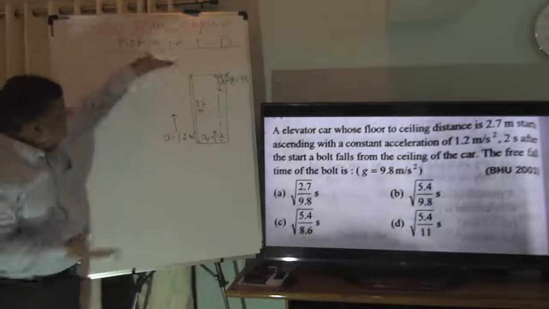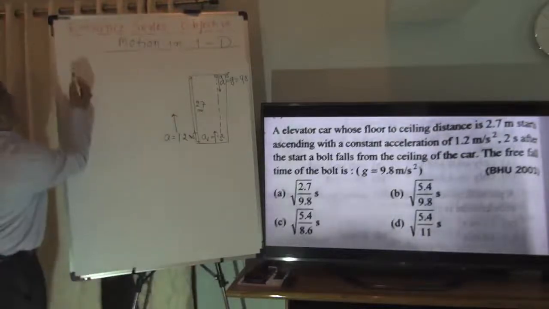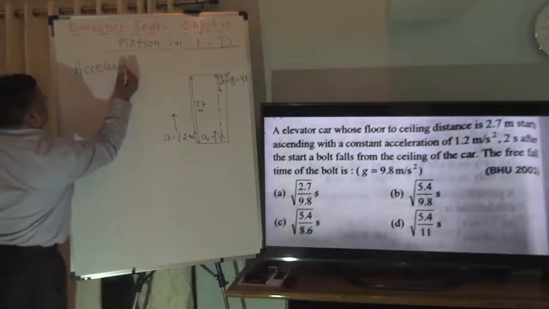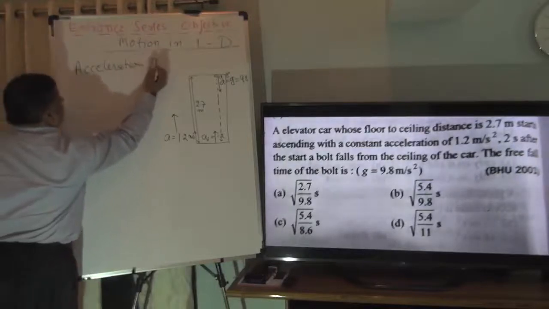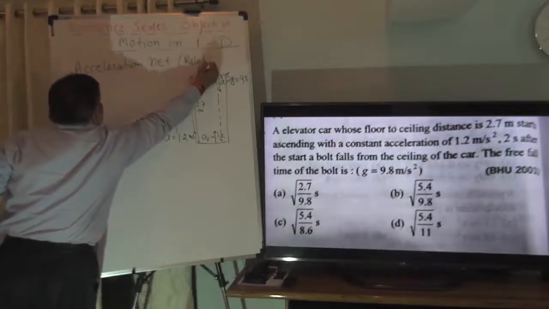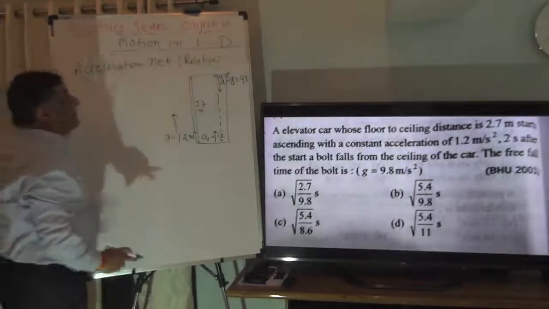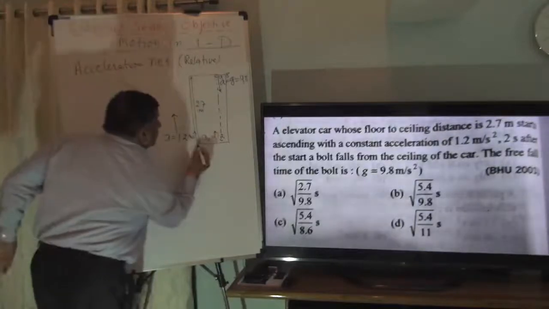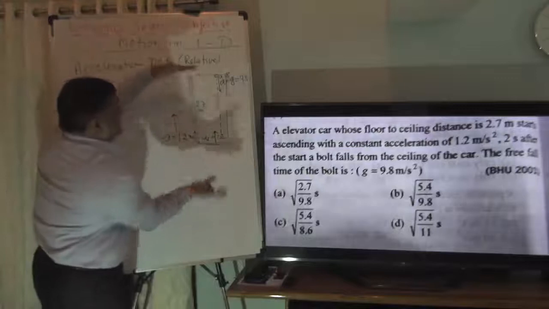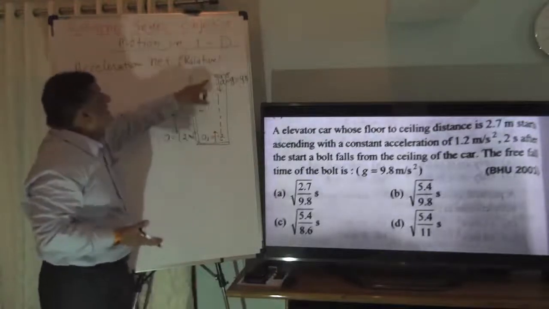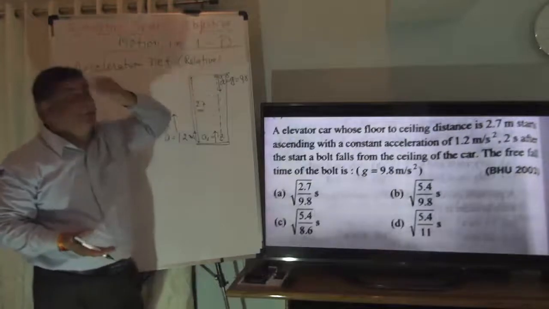So what is the relative acceleration? Relative or net acceleration is the acceleration with which the bolt and the floor approach each other. The floor is going up, the bolt is going down due to acceleration due to gravity.